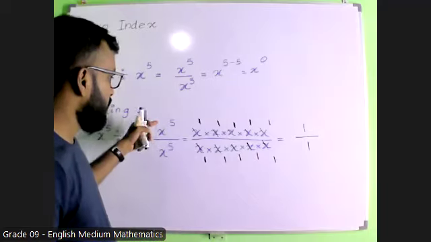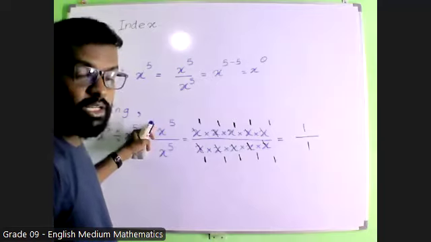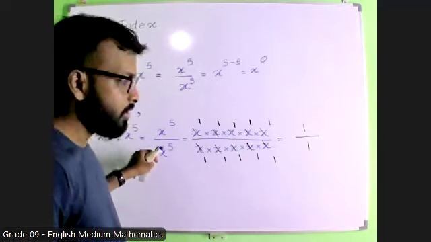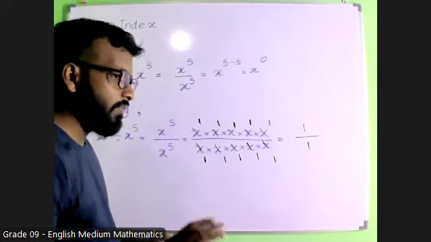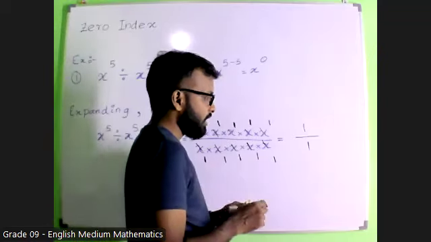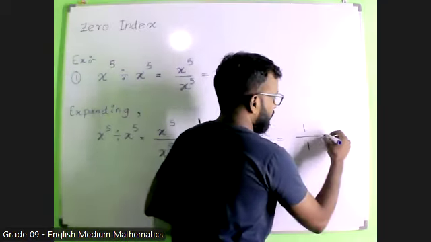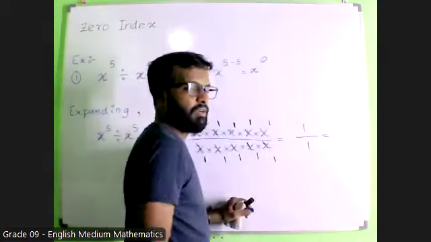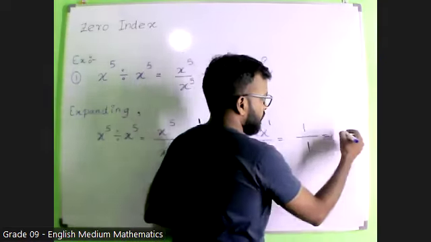Now the numerator and the denominator are equal, right? If the denominator and numerator are equal, you will get 1. Equal mark, 1 divided by 1.